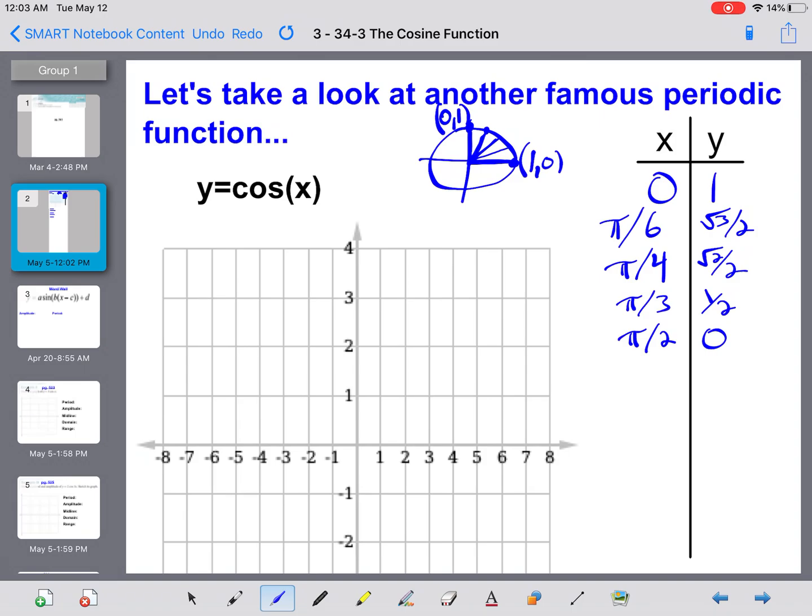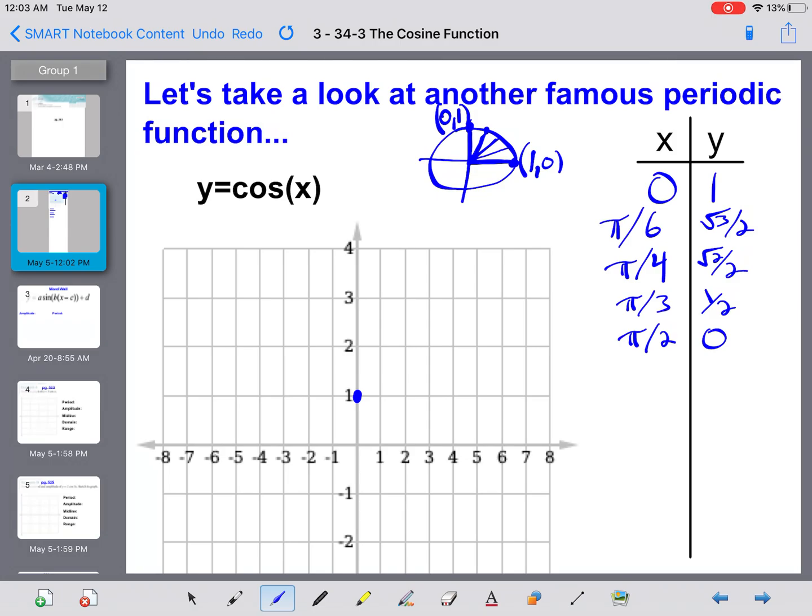Okay? So let's see what these points look like. (0, 1) is pretty easy to graph right there. Pi divided by 6 is approximately a little over 1/2, and the square root of 3 divided by 2 gives us about 0.86.